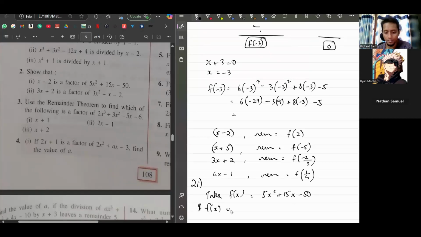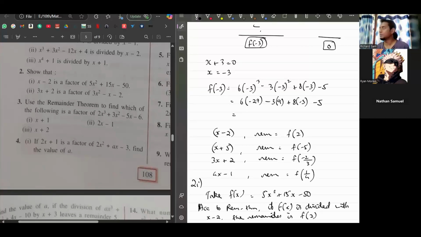Now, according to the remainder theorem, start with that. According to the remainder theorem, if f of x is divided by x minus 2, the remainder is f of 2.